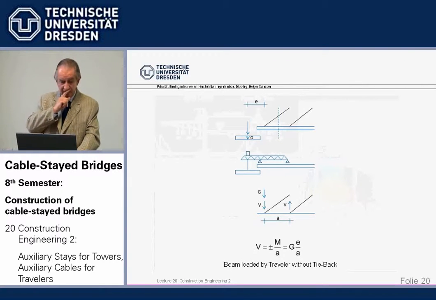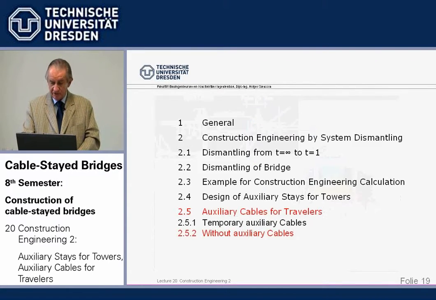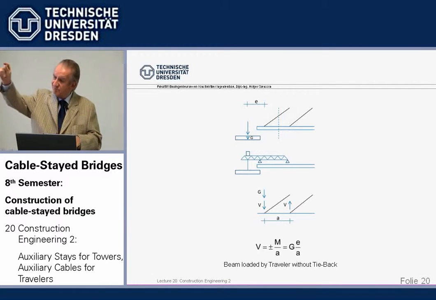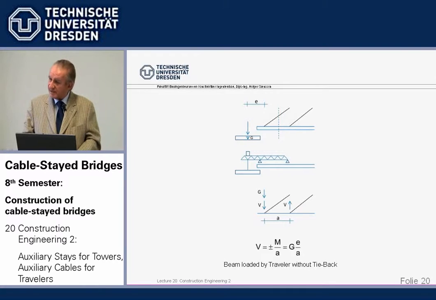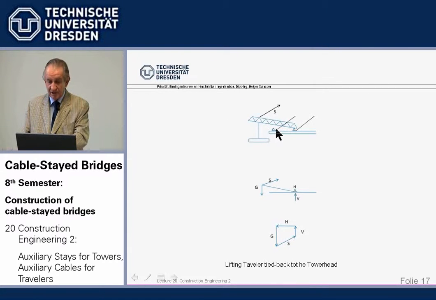Okay, that was in the last one. If we try to get rid of this auxiliary tieback of the traveler, we have the chance, if the beam is lying on both supports and is not lifted off as we have done here.